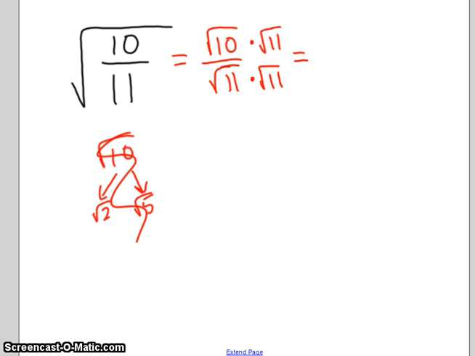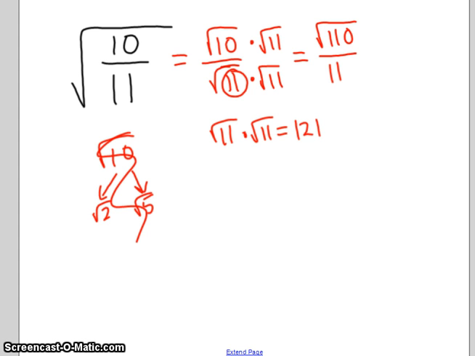Square root of 10 times the square root of 11 is square root of 110 over, square root of 11 times the square root of 11 is 11. Remember, it's just the number inside. Last thing you would do is check to see if you could simplify this.